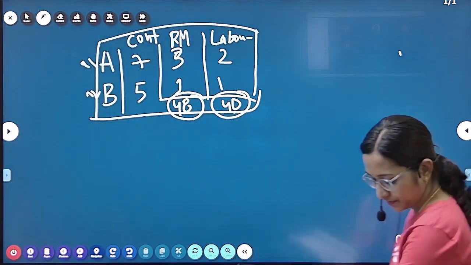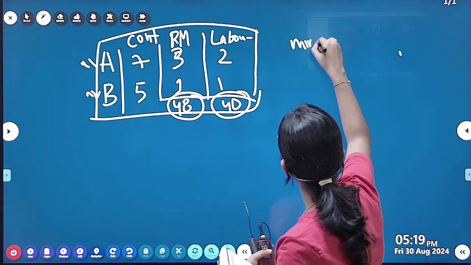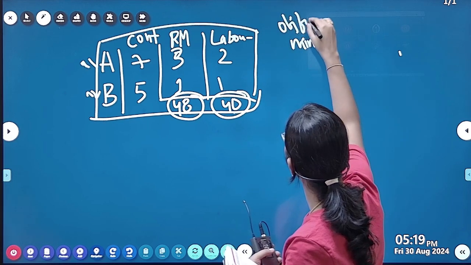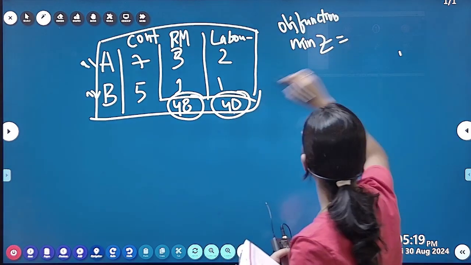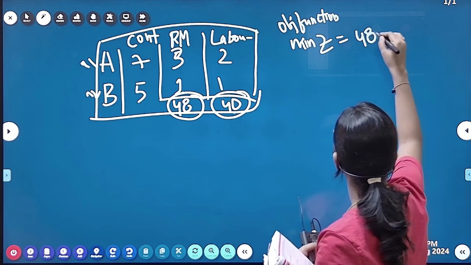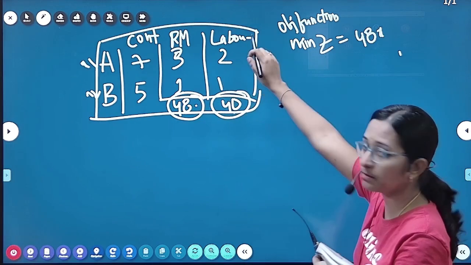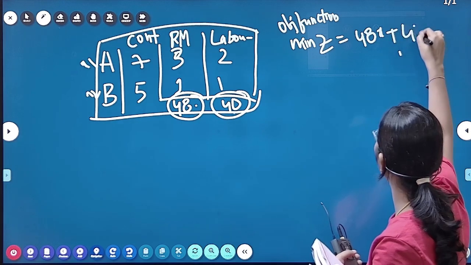So tell me how to write it. Minimize Z is equal to, this is the objective function: minimize the raw material 48x. Let us take raw material as x and labor as y, so 48x plus 40y for 40 hours of labor.